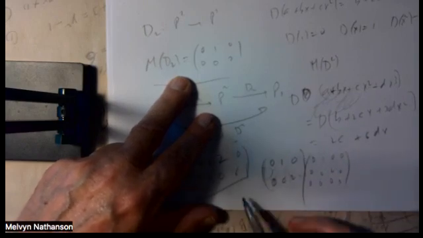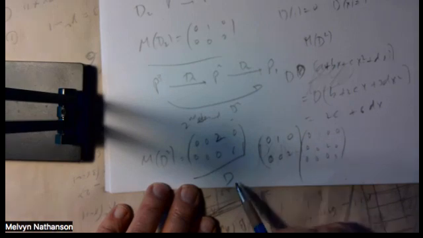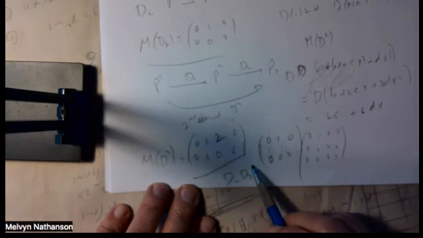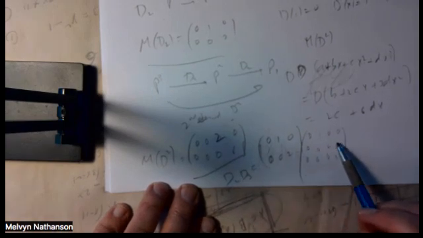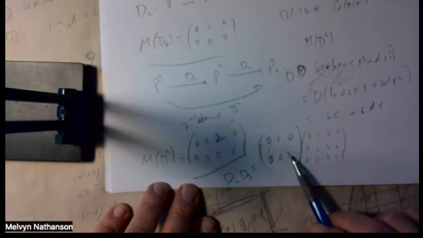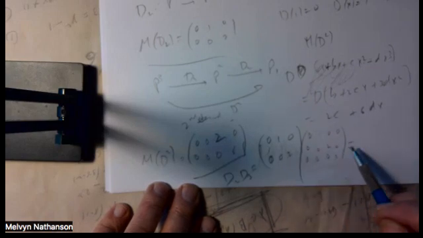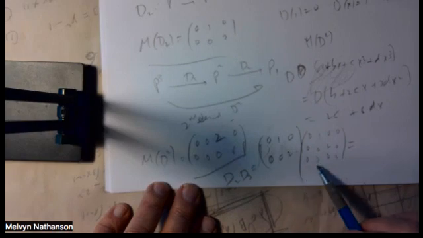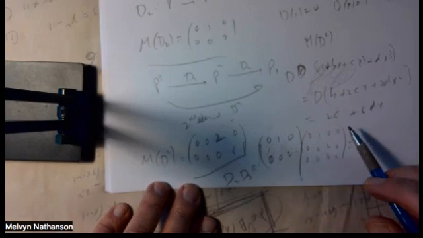So this is the matrix for differentiating a quadratic. This is the matrix for differentiating a cubic. So if I differentiate a cubic, I get a quadratic. I differentiate a quadratic, I get something linear. Let's see what this is. It's 2 by 3, 3 by 4. It should be 2 by 4.